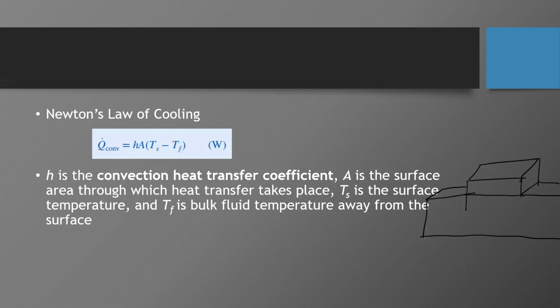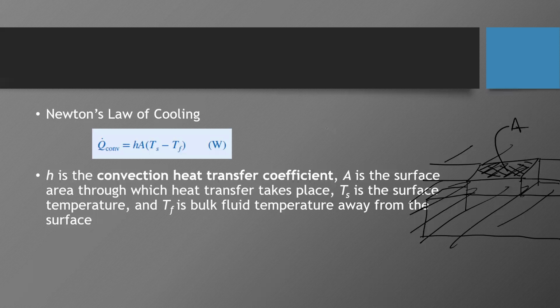But you have sealed all the other sides behind it. Only this area is exposed to convection heat transfer. The other areas are not exposed. Then you have to use only this area.